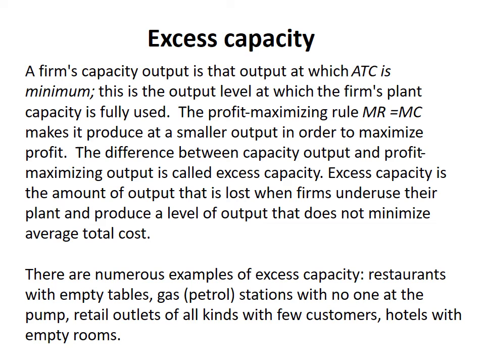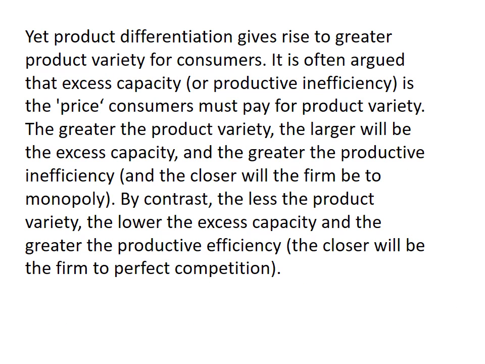Excess capacity is the amount of output that is lost when firms underuse their plant and produce a level of output that does not minimize average total cost. Think of restaurants with empty tables, gas stations with no one at the pump, retail outlets of all kinds with few customers, or hotels with empty rooms. These are all examples of excess capacity caused by this reason.